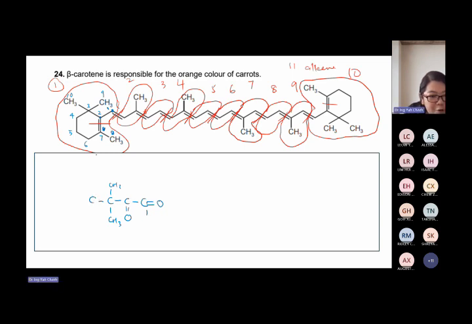Go to carbon number 4 now. Carbon number 4 is CH2, no change. Number 5, CH2. Number 6, another CH2. 7, a double bond again, broken, and then bonded to carbon number 8.